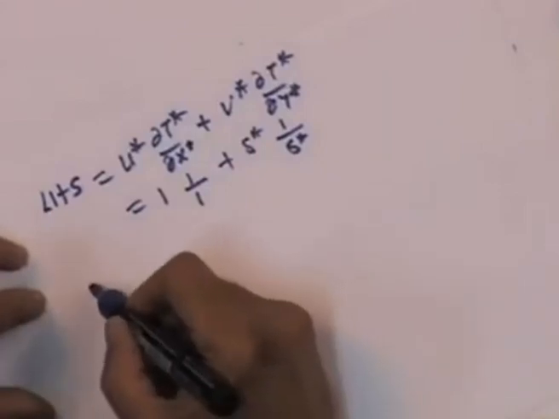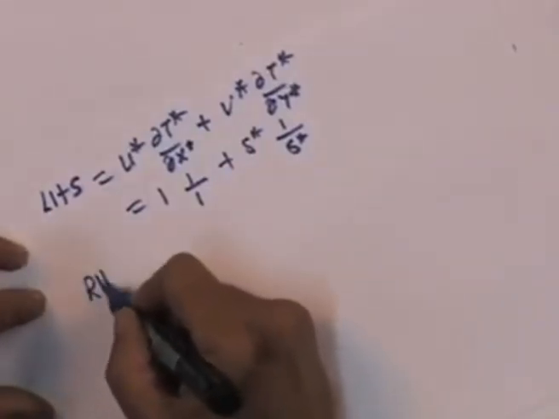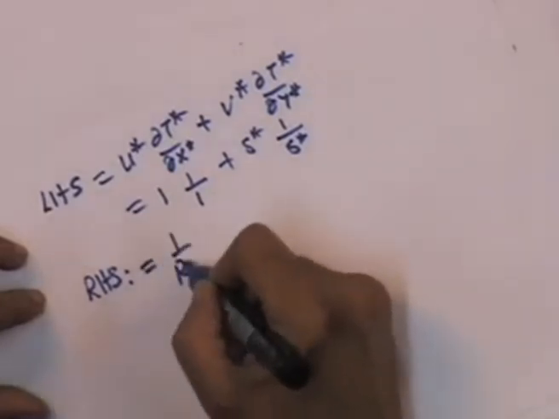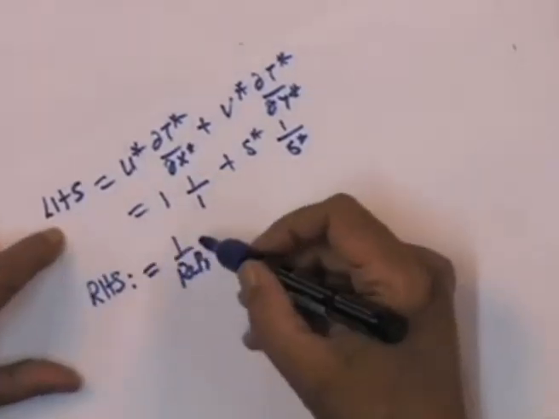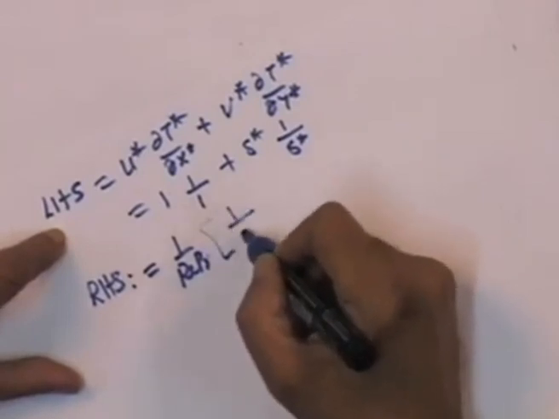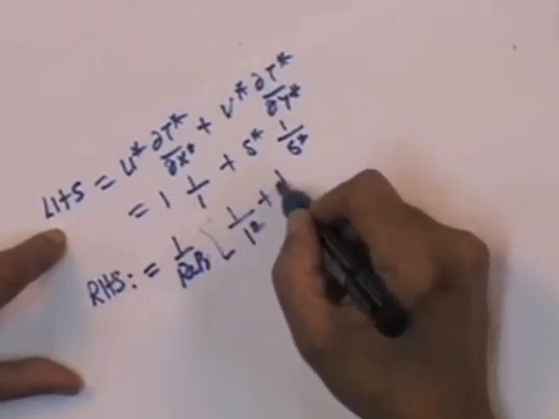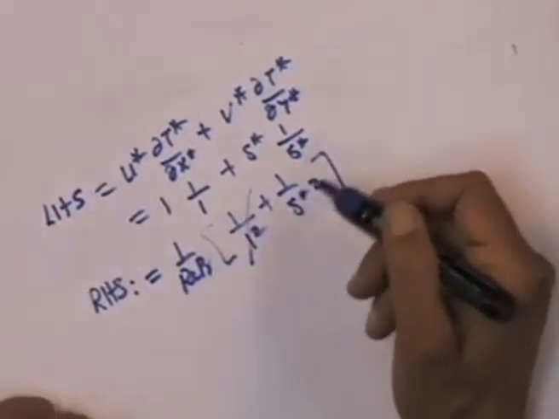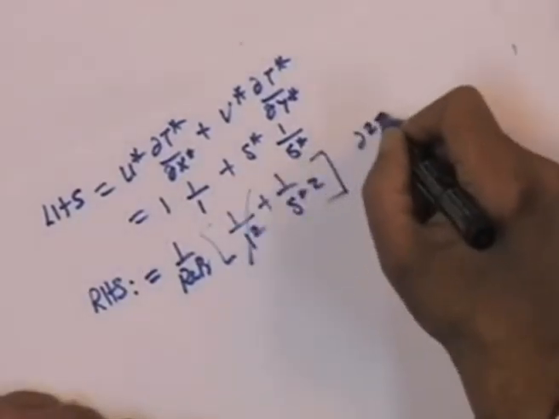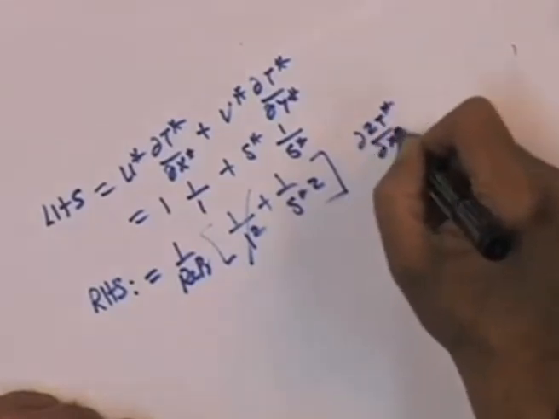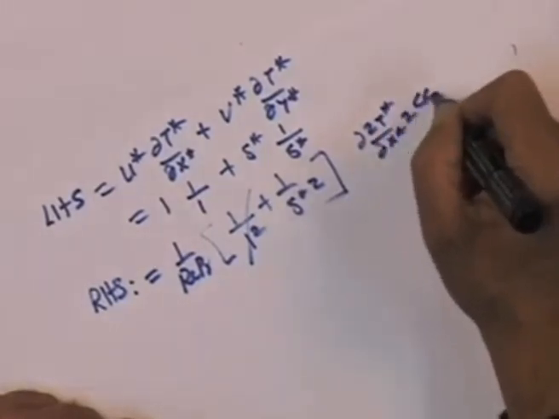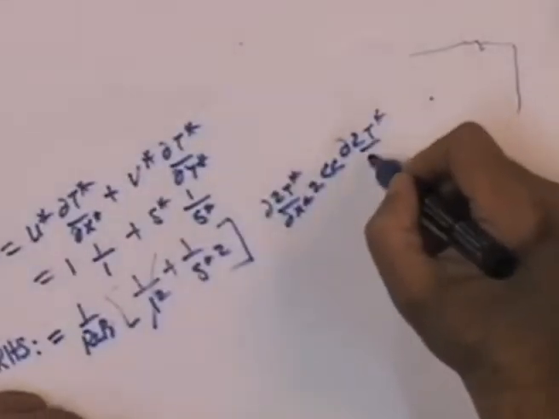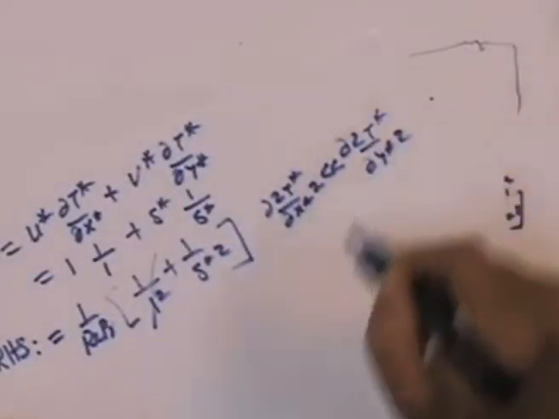Right hand side, remember this is 1 over Reynolds number Prandtl number into 1 divided by 1 square plus 1 divided by delta star square, and therefore, that term d2T star by dx star square will be much smaller than d2T star by dy star square.